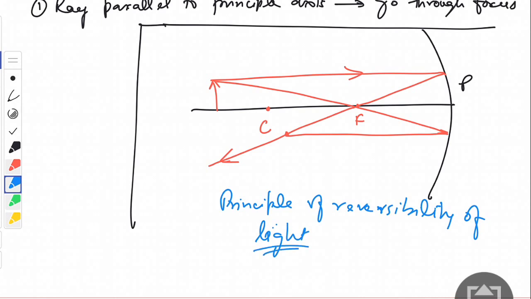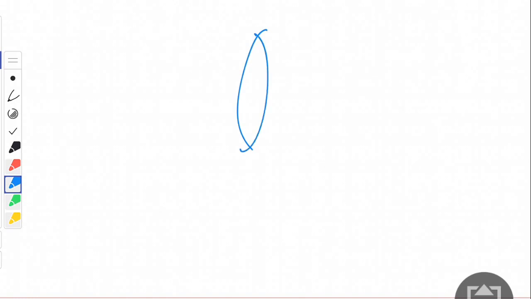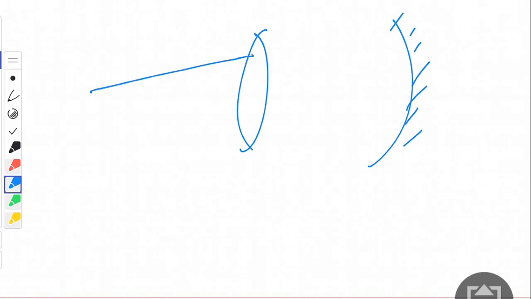What it basically means is that if, let us say, I have some lens, mirror, whatever, right? I have, let's say, a lens here, a mirror here. You learn about lenses later. And I have, let's say, a ray of light which goes like this, then it goes like this, then it goes like this. Let's say something like this, right?